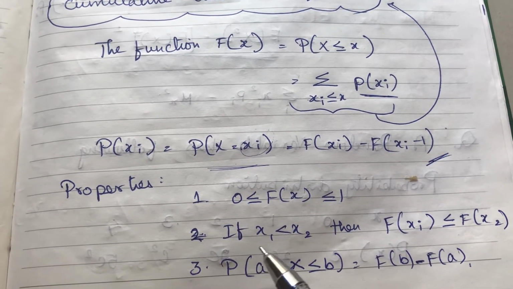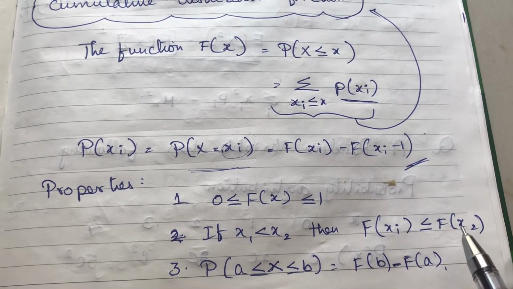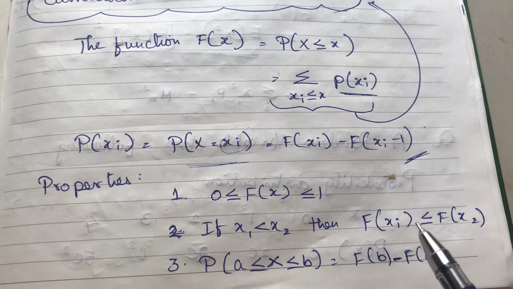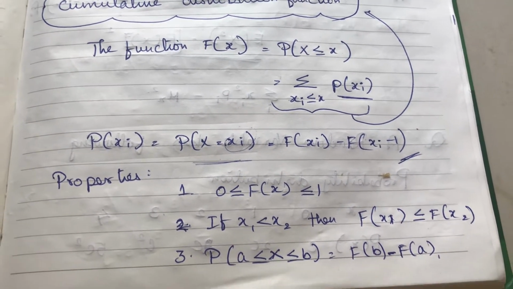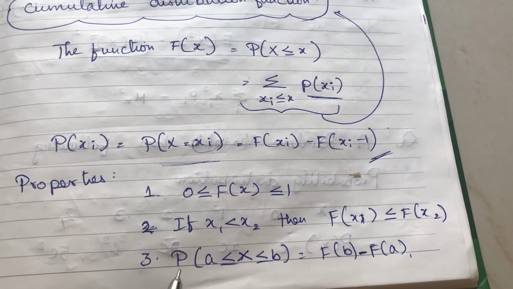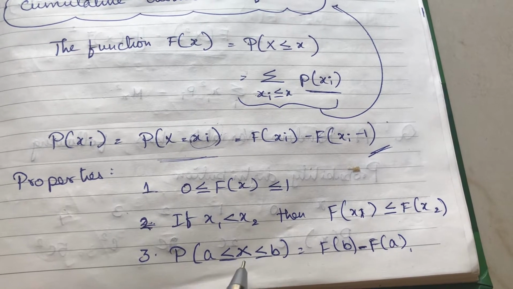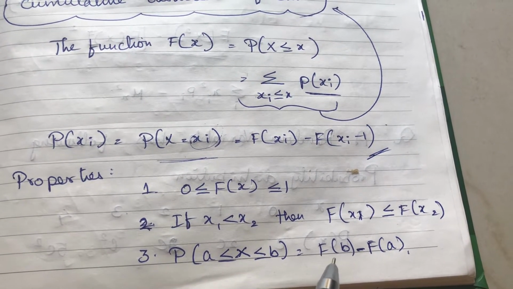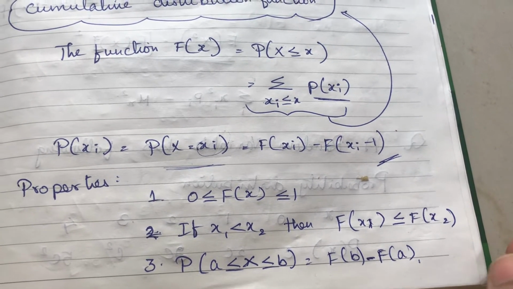If x1 is less than x2, then F of x1 will be less than F of x2. Same here: if x has the limit a to b, the probability of this whole thing will be F of b minus F of a, like upper limit minus lower limit.